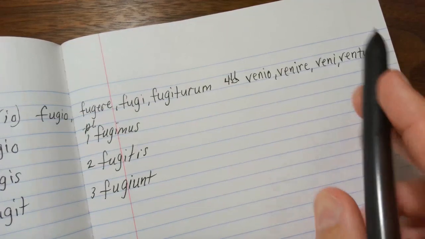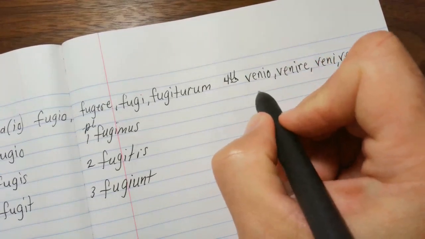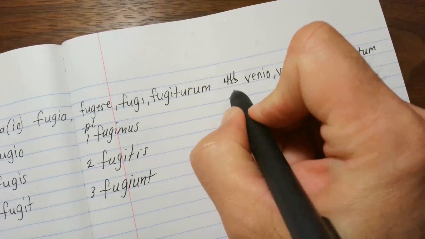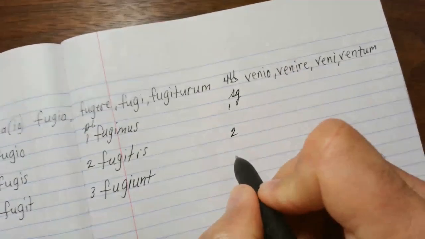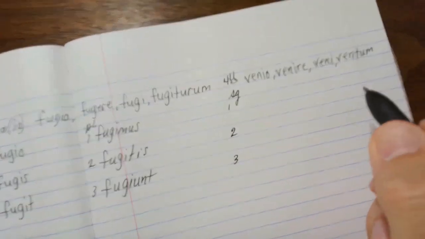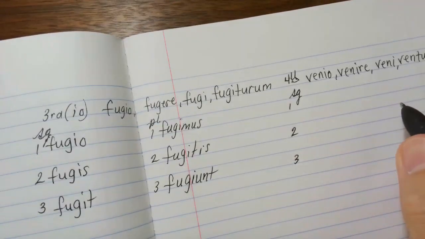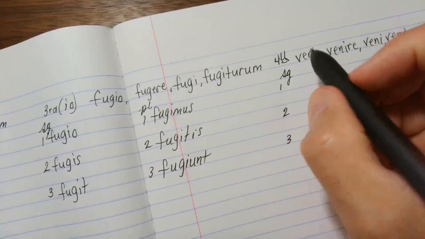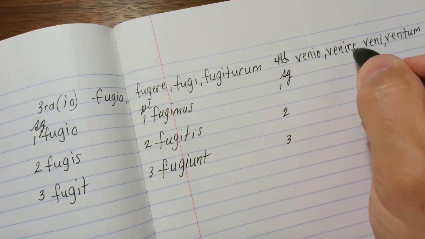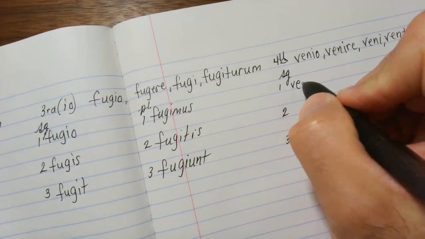All right, we'll do singular. First person, second person, third person. And let's see here. All right, now remember venio, venire, he's committed fourth conjugation. He's not pretending.